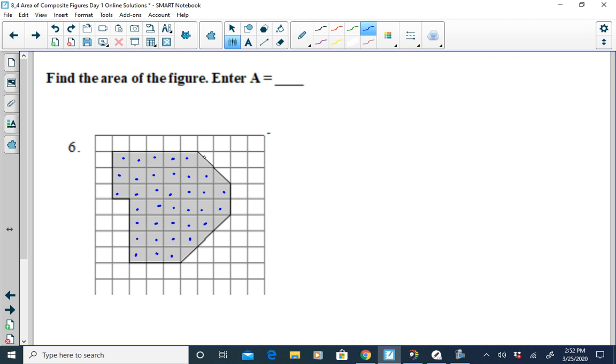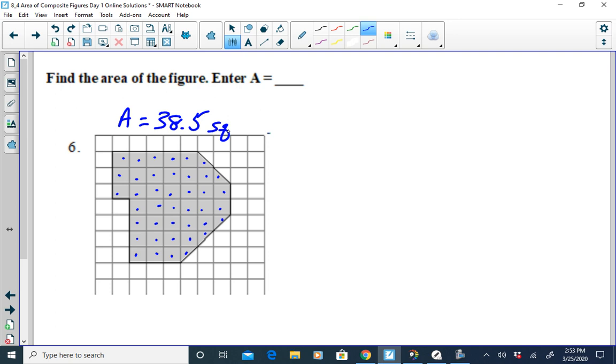These are half, so if I take 36 and I have two halves, that makes a whole, so that's 37. That's 38, and then another half. So the area is going to be equal to 38.5 square units.